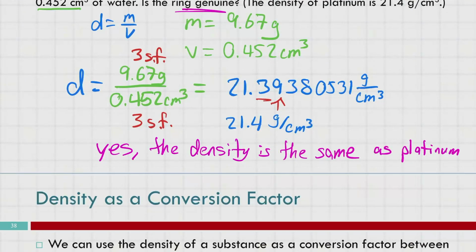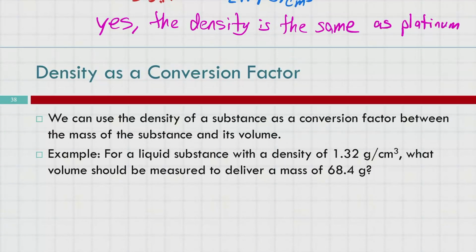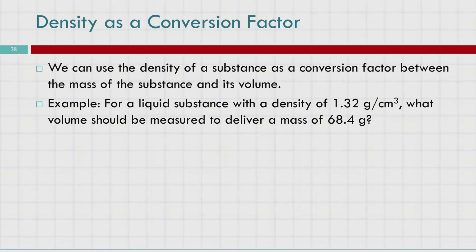Okay, other stuff that we can do with density. Density is also useful as a conversion factor. Let's say that we have a liquid substance. It has a density of 1.32 grams per cubic centimeter. What volume should be measured to deliver a mass of 68.4 grams?